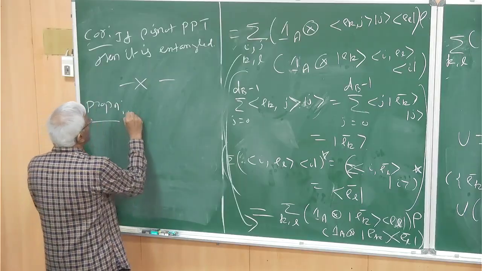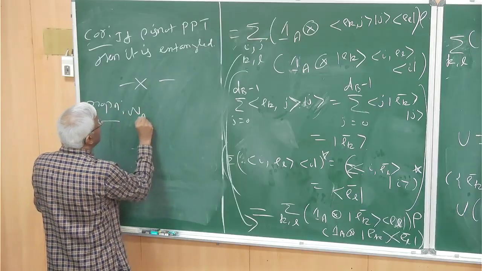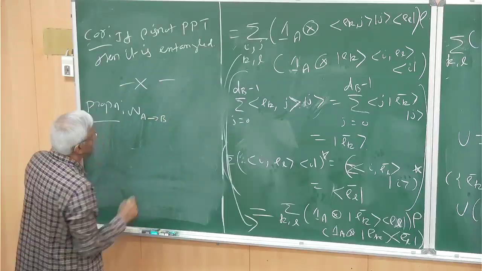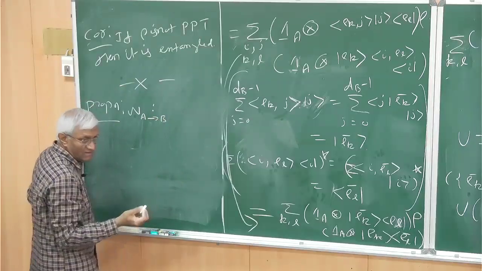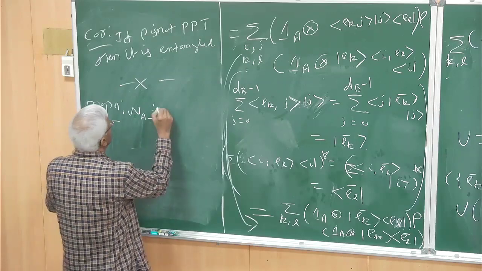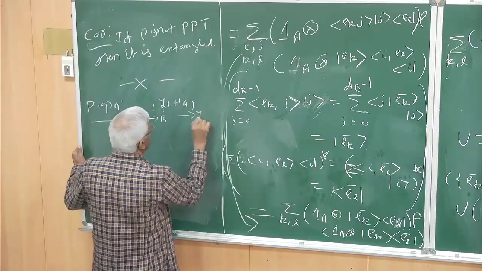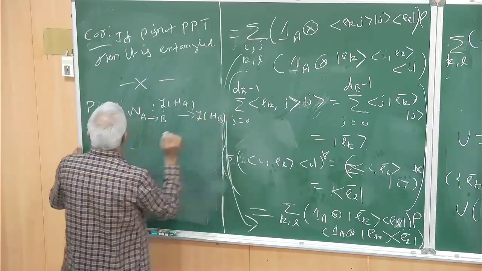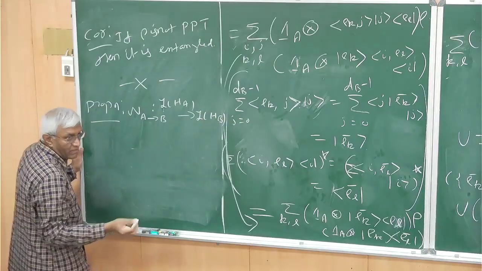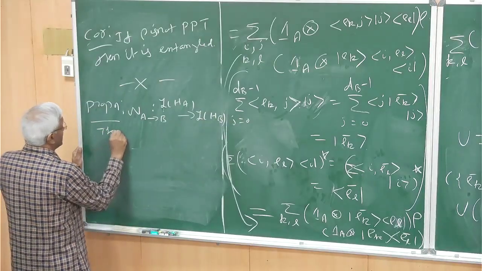Let N from A to B be a map, that is from L of HA to L of HB, just a linear map. Then the following are equivalent.